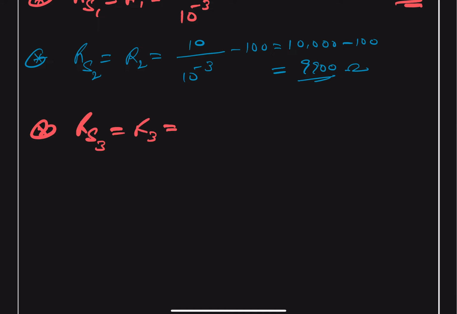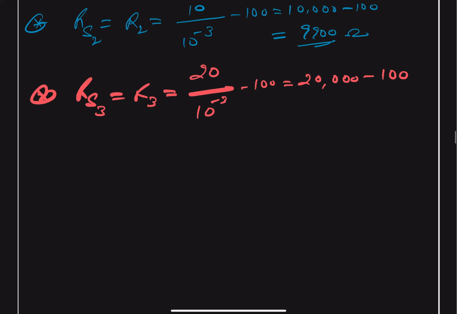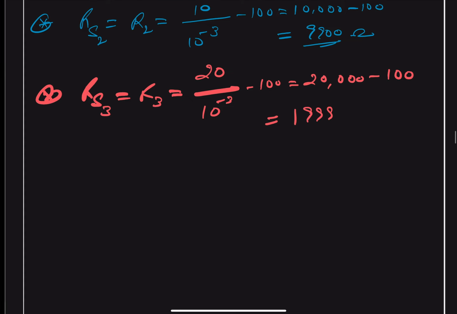Now the voltage range is 20, so this comes as 20 divided by 10 to the power minus 3 minus 100. So this comes as 20,000 minus 100, and this will be giving us 19900 ohm.